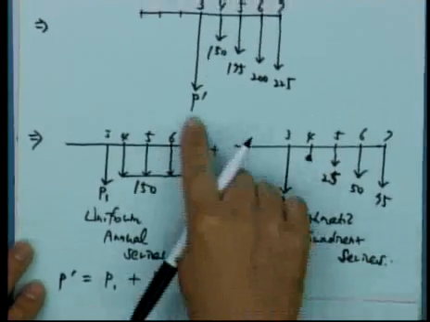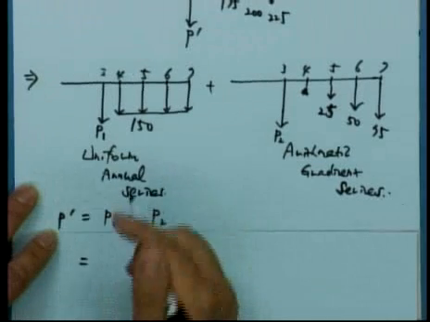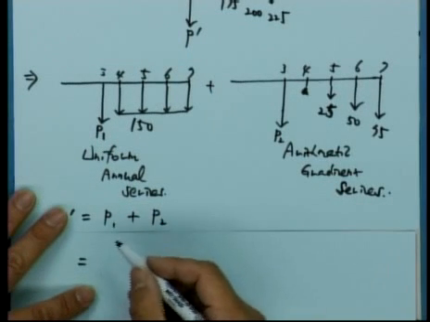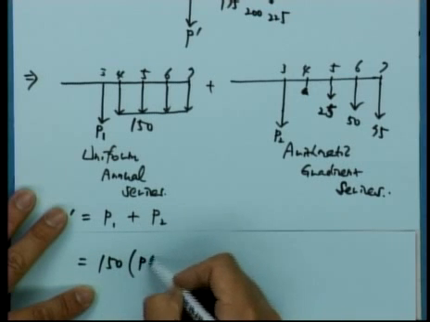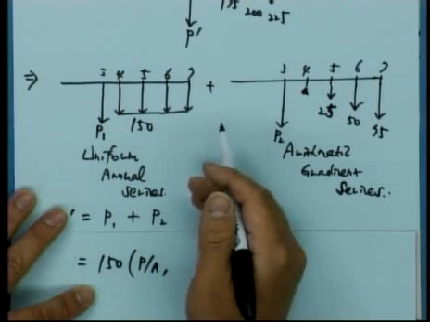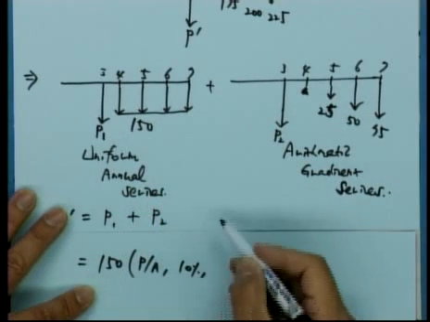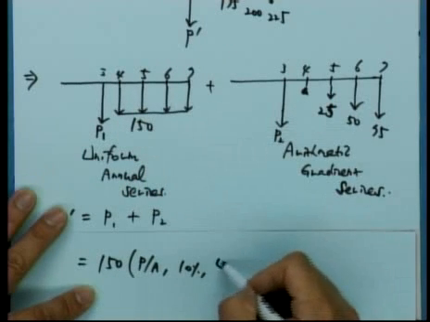So here, this P prime can be obtained by P1, which is 150 times P given A, and 10% over the next 4 periods, right?